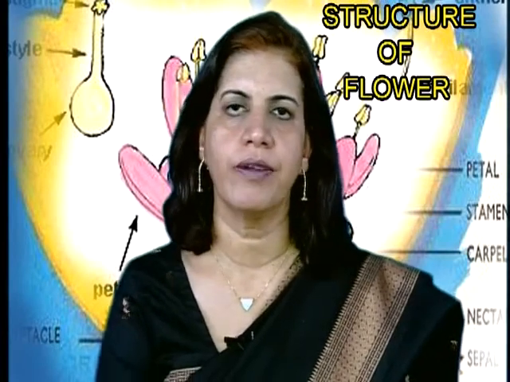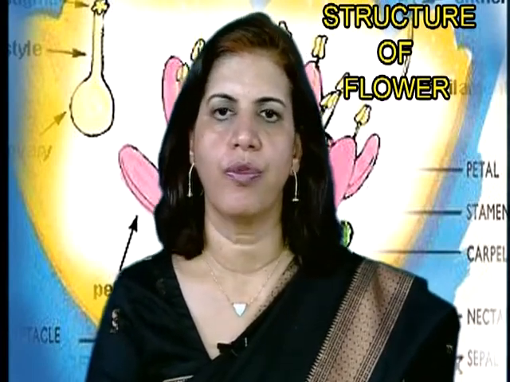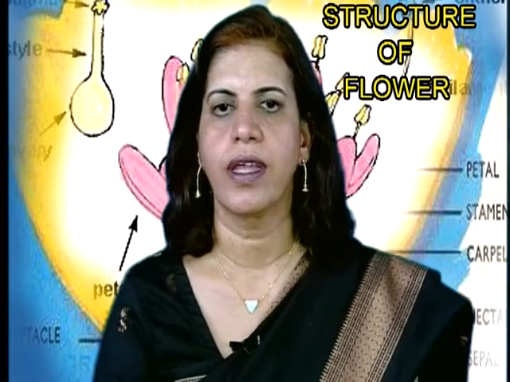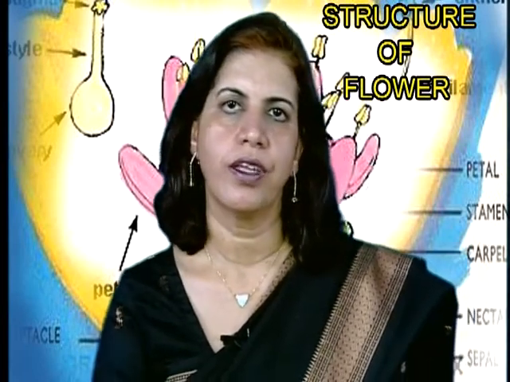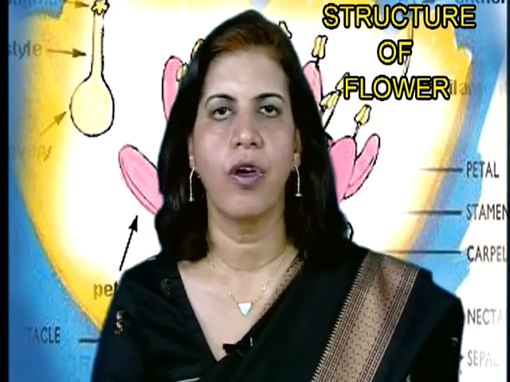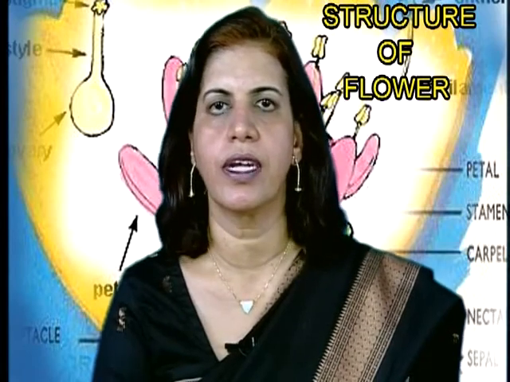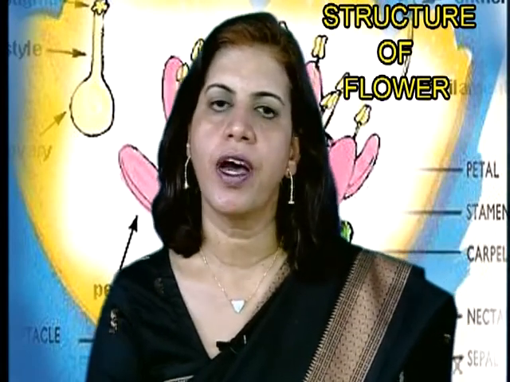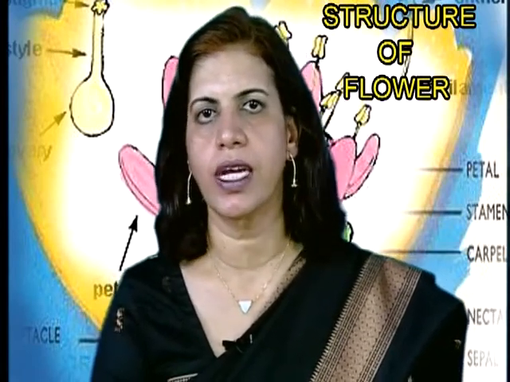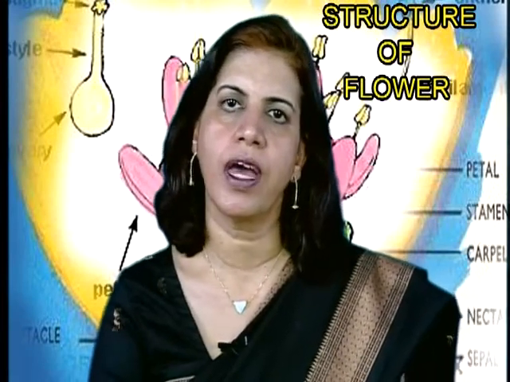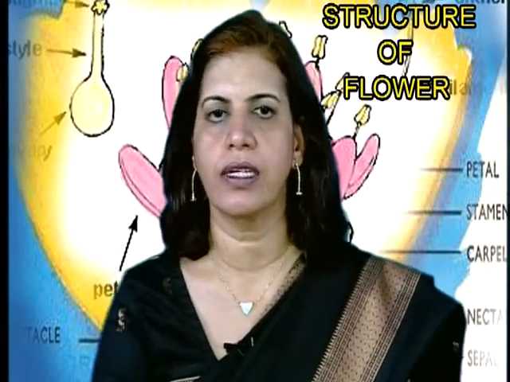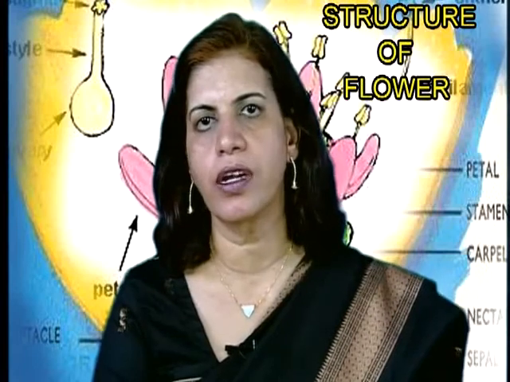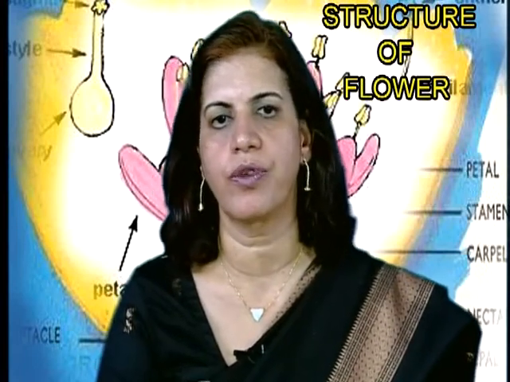Flowers that bear organs of only one sex, that means either the flower is staminate or the flower is pistillate, having only male characters or only female characters, are known as unisexual.